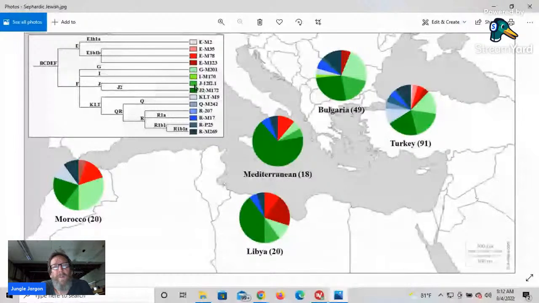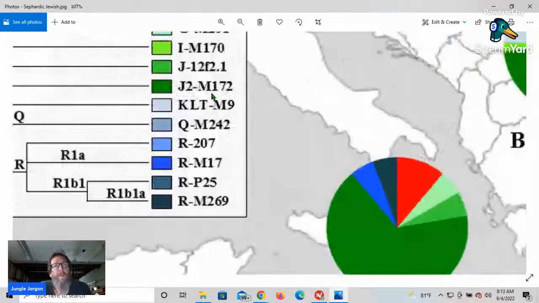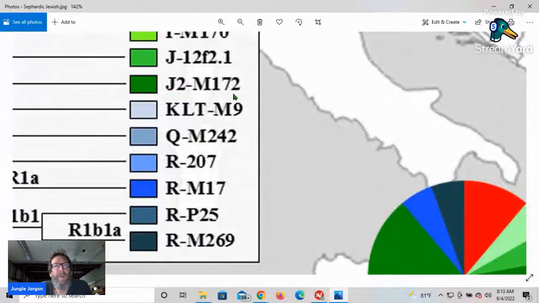So J1 is Arabic in many cases, but J1 is also the Cohen modal haplogroup, which means that some of the tribes of Israel could be J1 as well that are not Judaic, because the tribe of Levi is not Judah, right? So it's a separate lineage from Judah. But the J2, especially the M172, is Judaic, probably even Davidic, descendants of David and Solomon.